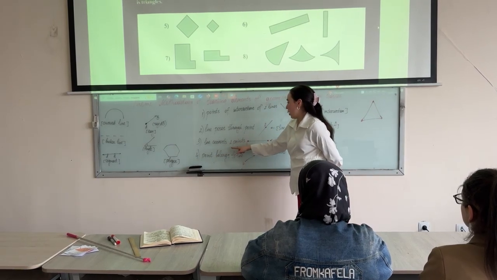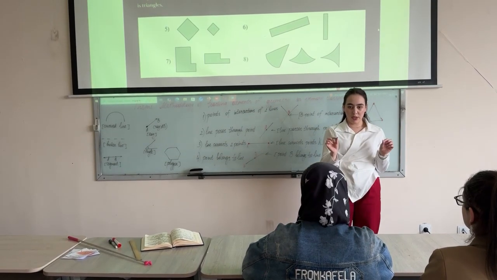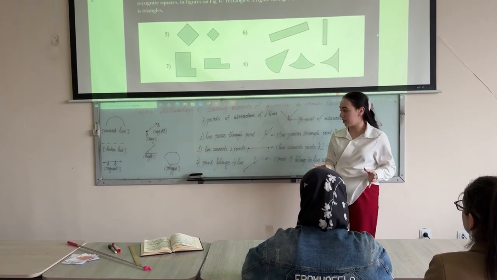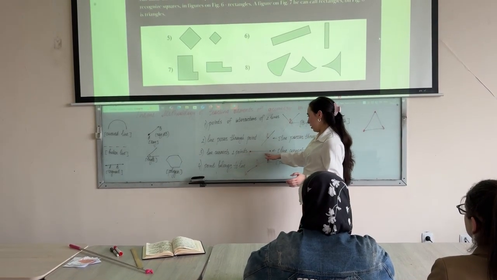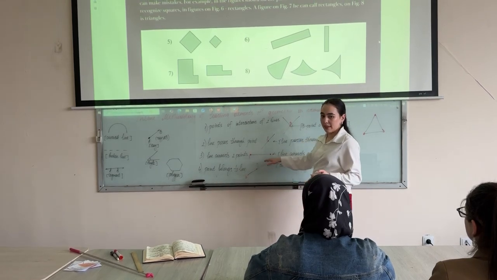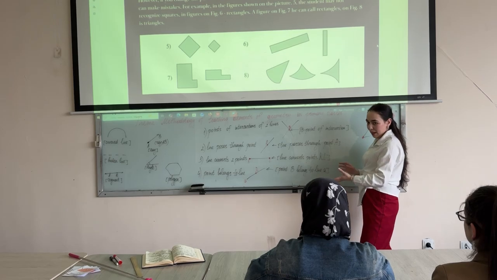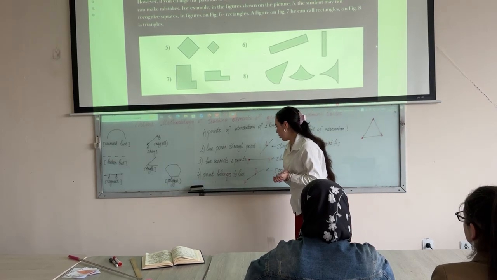A line connects two points. We have two points, and between them we have one line which connects them with each other. Like we have a line and two points, K and L. Here it will be that the line connects points K and L. A point belongs to a line.